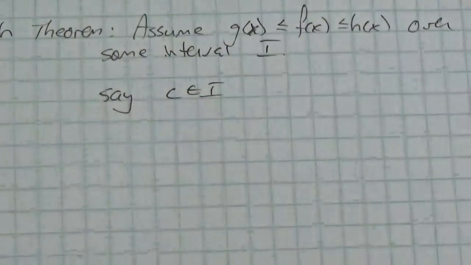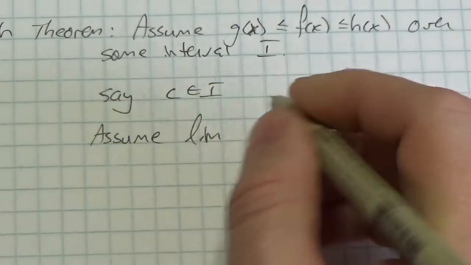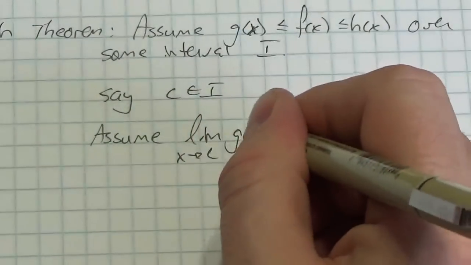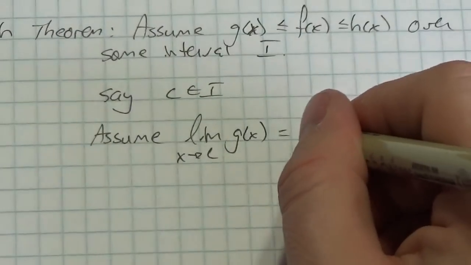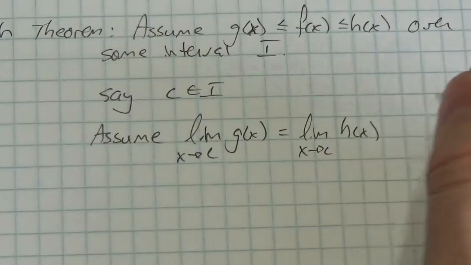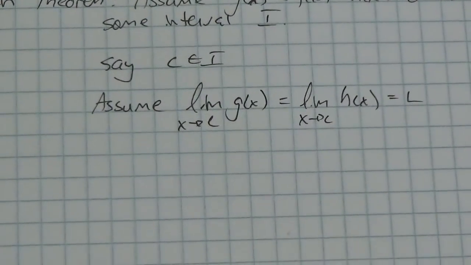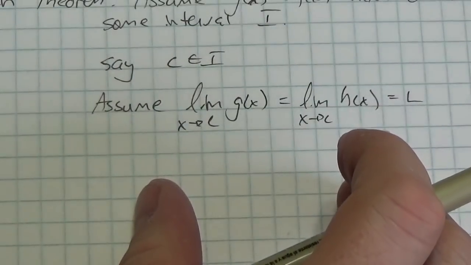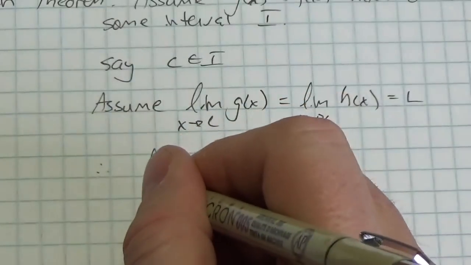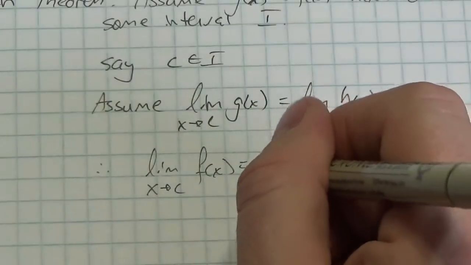So let's assume that the limit as x approaches c of g of x is exactly the same as the limit as x approaches c of h of x. And that limit is some number L. It doesn't matter what it is, but they're the same. Then we can conclude that the limit as x approaches c of f of x is also equal to L.